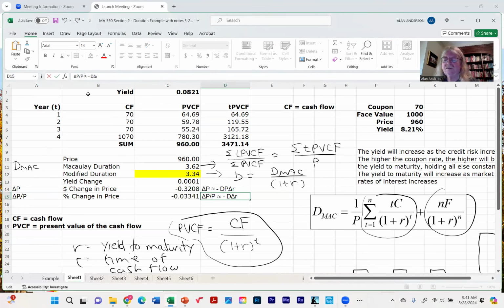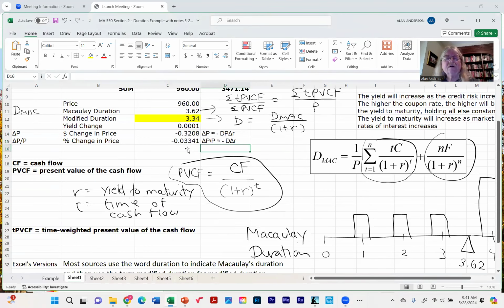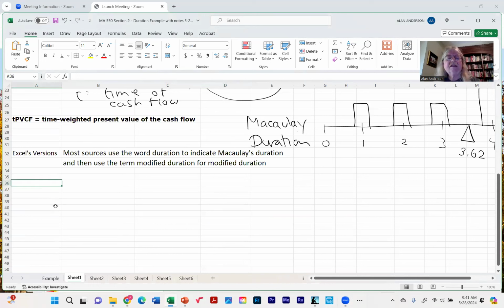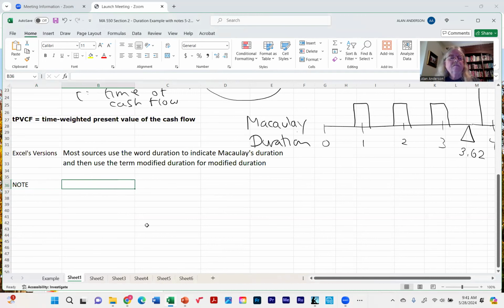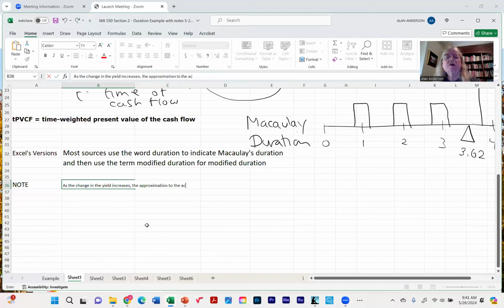Now, having said that, I do want to point out, I'll add it down here somewhere, and we'll get to this discussion later on too, that as the change in the yield increases, either positive or negative, by the way, the approximation to the actual price change worsens.